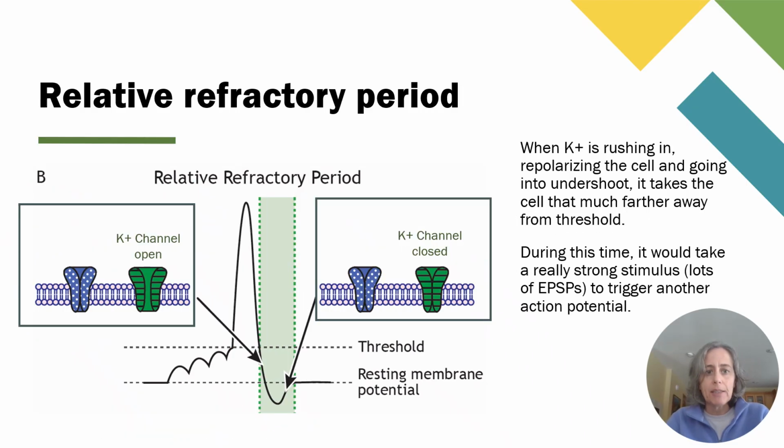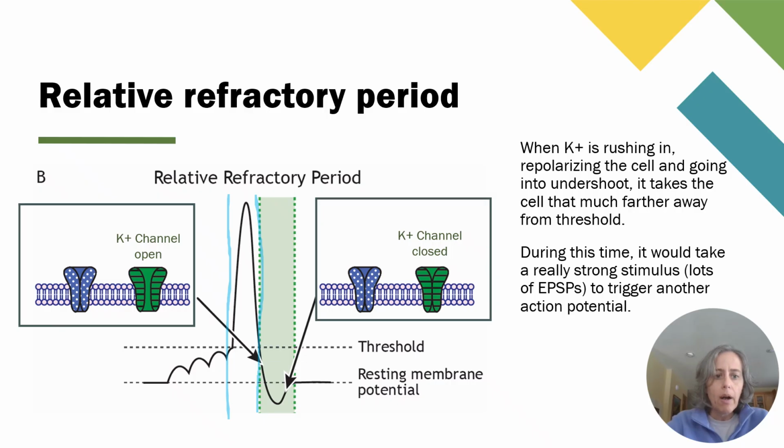Then we have the relative refractory period. So this begins at the end of the absolute. So our absolute refractory period was this whole section in here. So now we're coming into the relative refractory period.